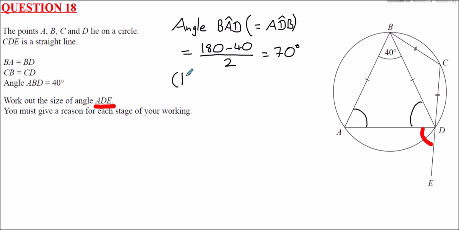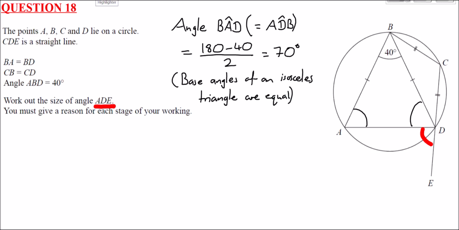So our reason is base angles of an isosceles triangle are equal. Anyway, base angles of an isosceles triangle are equal.